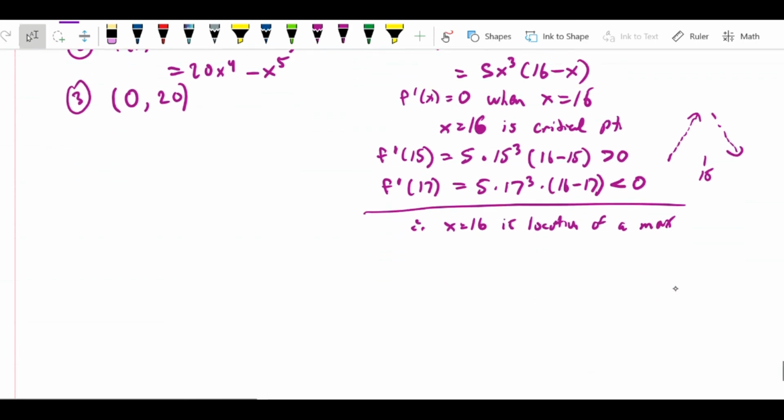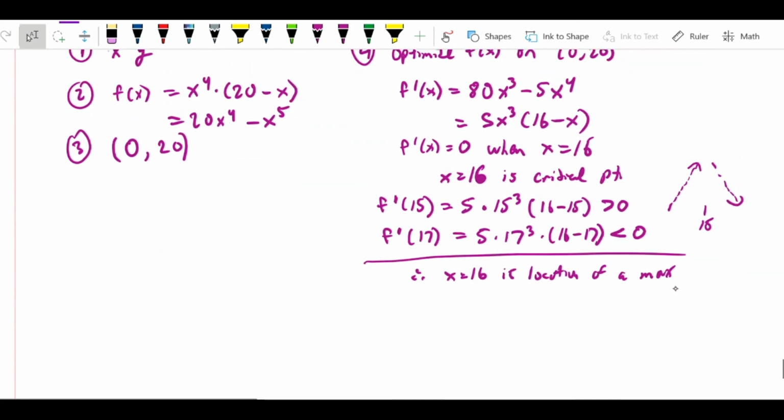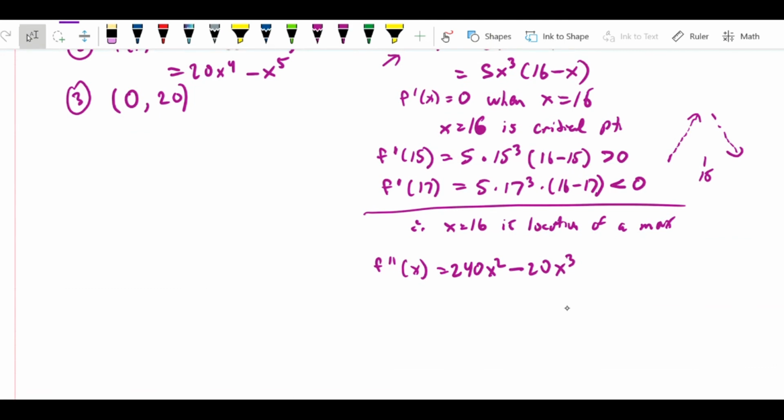I could have done this through the second derivative test, by the way, and I'll show you what that comes out to. If I take f double prime of x, taking the derivative of the first derivative, that's 240x squared minus 20x cubed. If I factor it, I get 20x squared times 12 minus x.